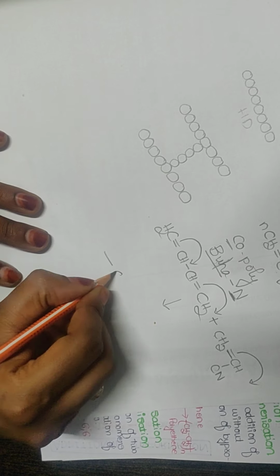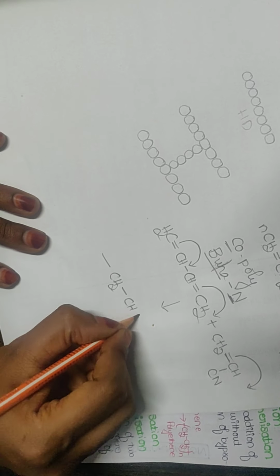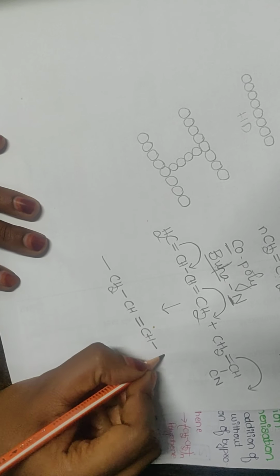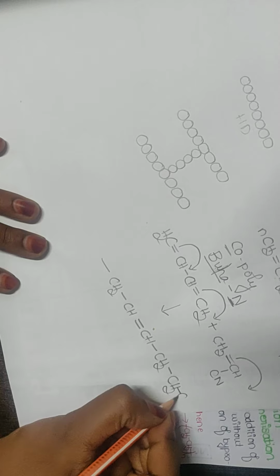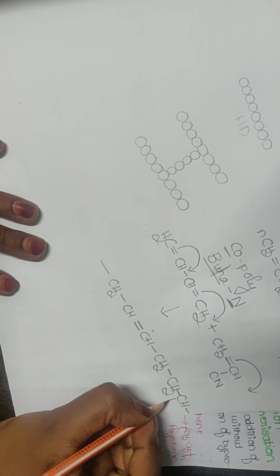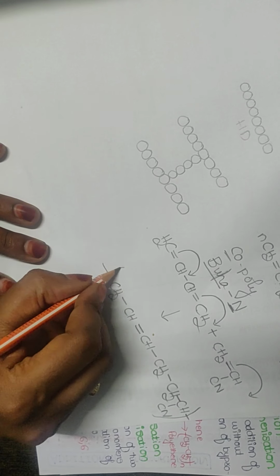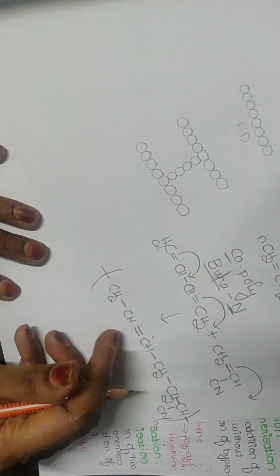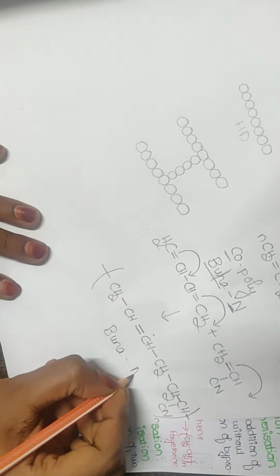So you will end up with a partial structure like this: CH2 single bond, CH double bond, CH single bond, CH2 single bond, CH2 single bond, CH single bond with a cyanide group. And this itself is a partial structure or a repeating unit for a polymer called as Buna N.